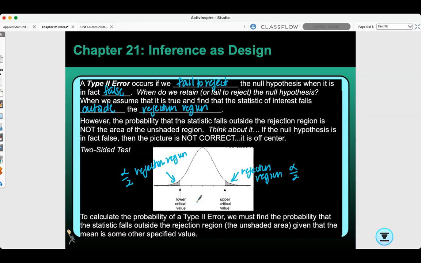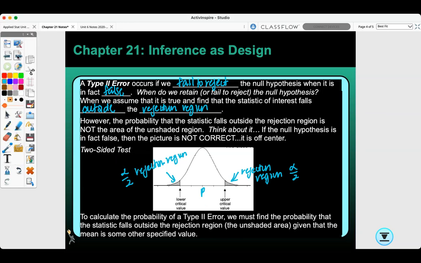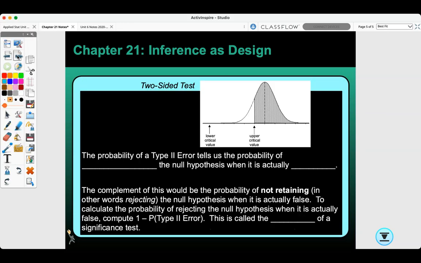Okay, this is P, our null, in the middle. And then what happens is we're going to go straight down with our notes. To calculate the probability of a type 2 error, we must find the probability that the statistic falls outside the rejection region, the unshaded area, given that the mean is some other specified value. So we're going to look at that in the next picture here.